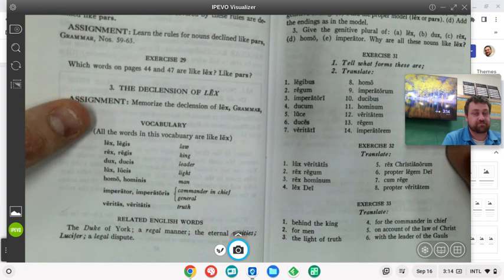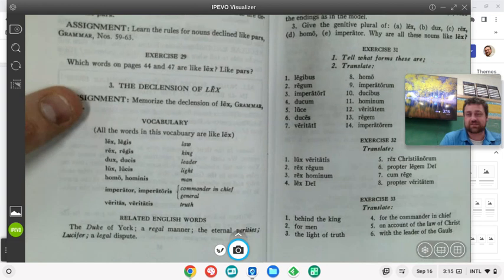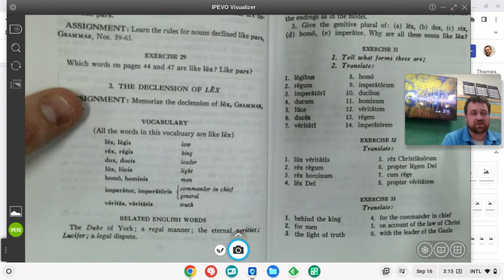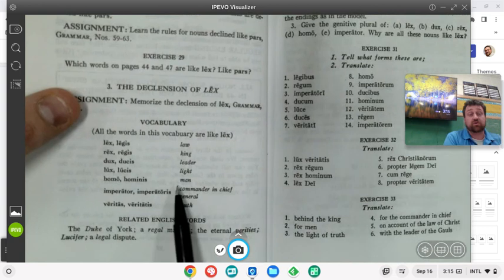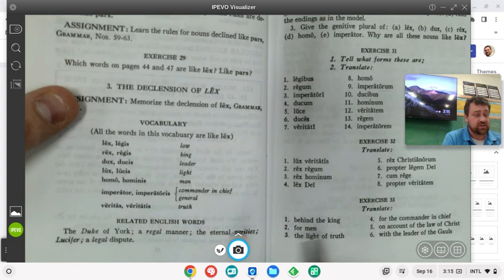I wanted to jump to another sentence with a little bit more going on, is that imperator, imperatores, it's easy for people to think emperor, which it does mean that as well. But it says in the book here, it means commander-in-chief. So sometimes you might see commander-in-chief, but it also means general. So if people think of just the one emperor at a time, in Rome, it can just mean general as well.